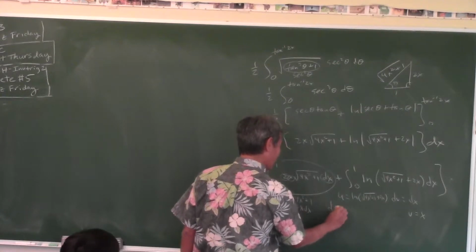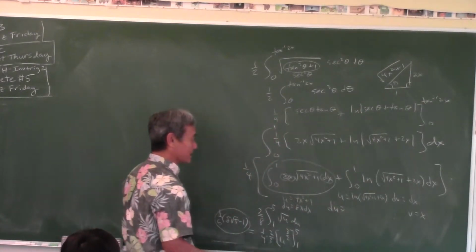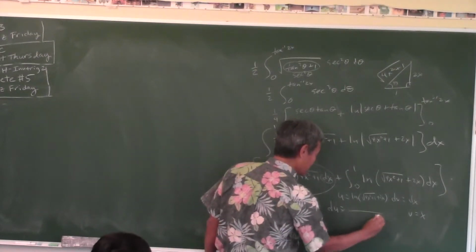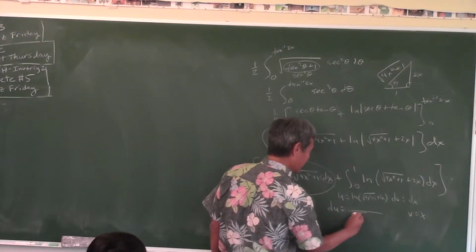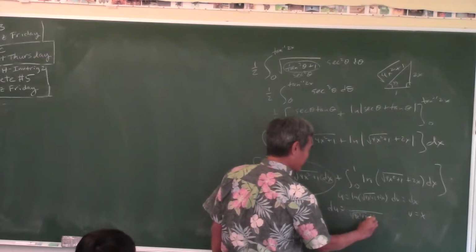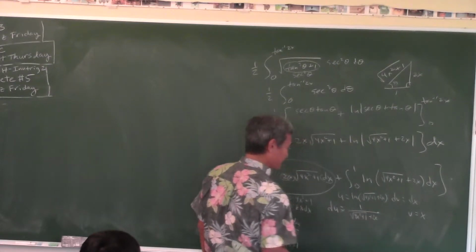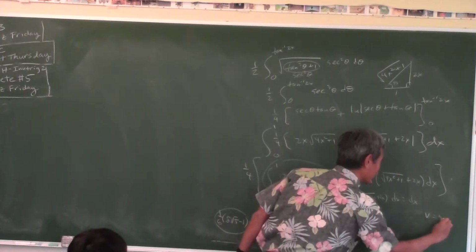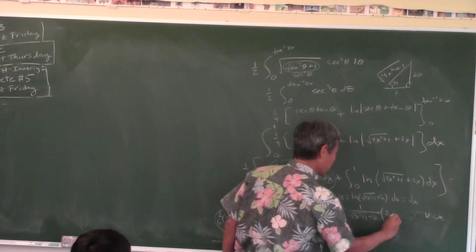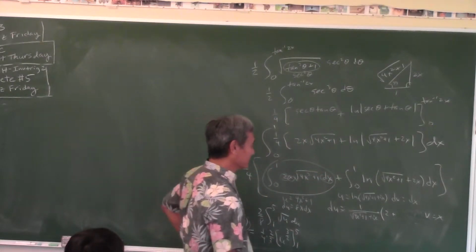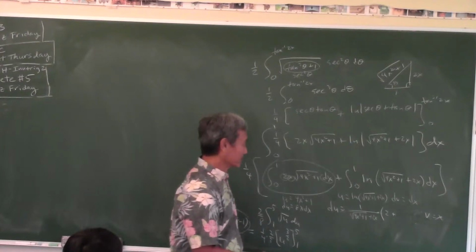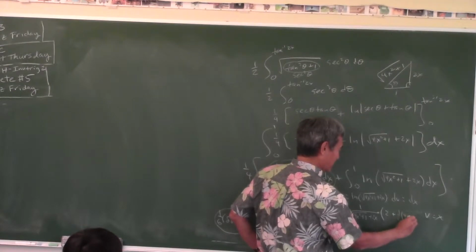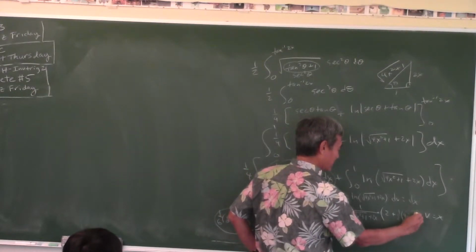And this one is going to need some space here. 1 over root 4x squared plus 1 plus 2x times 2 plus 1/2 times 4x squared plus 1 to the negative 1/2.